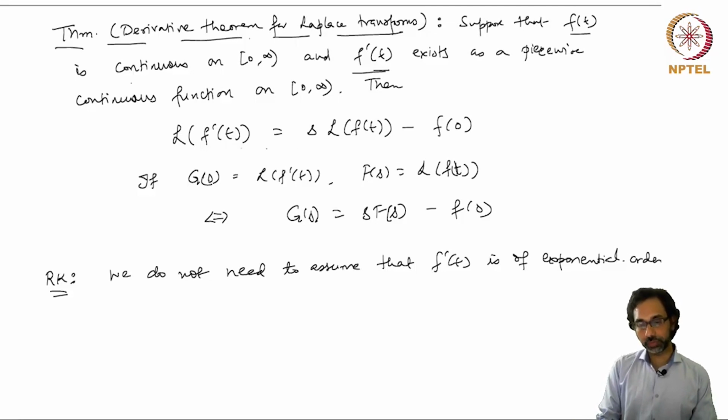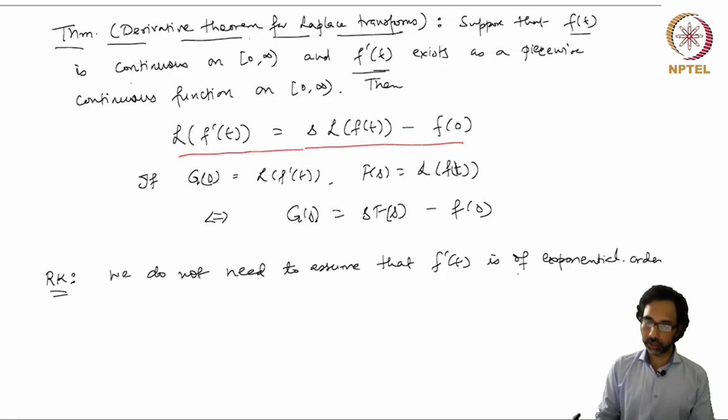So this formula, our formula for the Laplace transform of the derivative, remains valid as long as f is continuous and f prime t exists as a piecewise continuous function on 0 infinity. So even if f prime t is not of exponential order, this formula will still be valid, and in particular the Laplace transform of the derivative will exist even if it is not of exponential order.